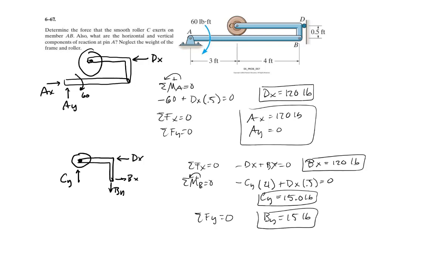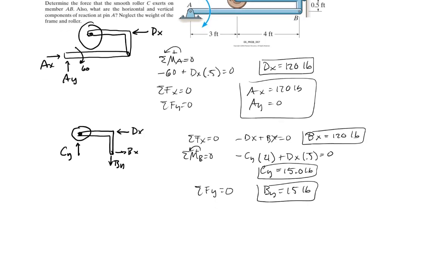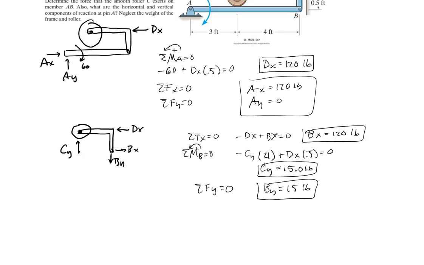Everything is worked out. One thing you can do is check to see if you got it correct. So let's do that. Let's draw the free body diagram of the bottom link. I've got an Ay, an Ax, a couple, 60, Cy, By, and Bx.